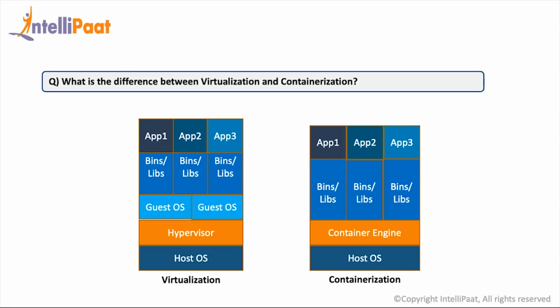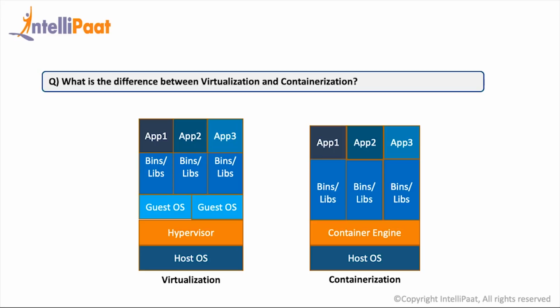So in a container, you do not have a kernel. The kernel of the host operating system is always used. And this is the main difference between virtualization and containerization: in virtualization, you have a separate kernel for the virtual operating system, but in containerization, you do not. That is the reason containers are very small.